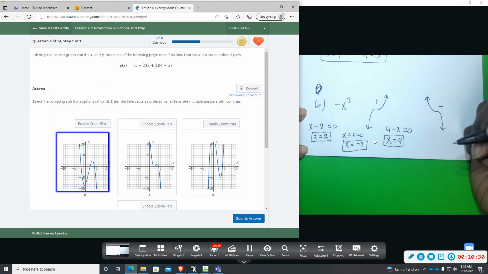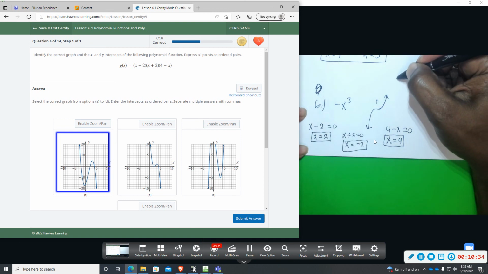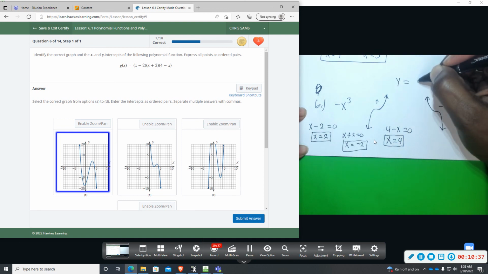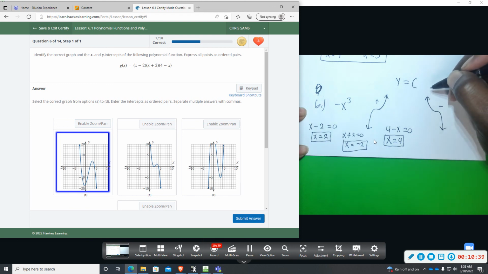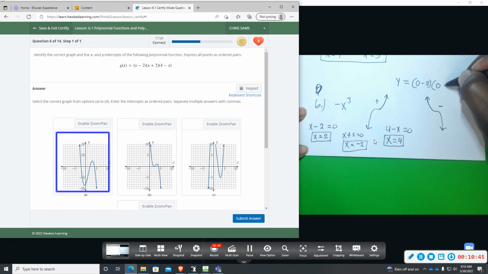And then if you take that whole expression, and instead of g of x, I'm just going to say y equals. And to find the y-intercept, you plug a 0 for x. So I have a 0 minus 2. And then I have a 0 plus 2. And then 4 minus 0.